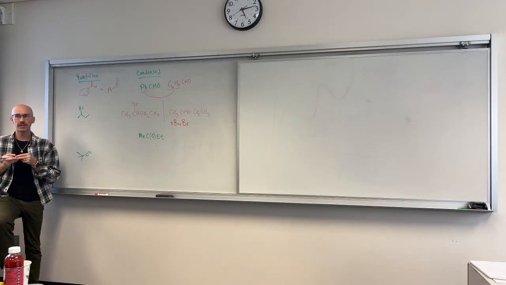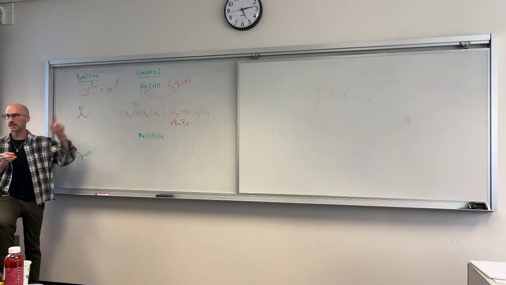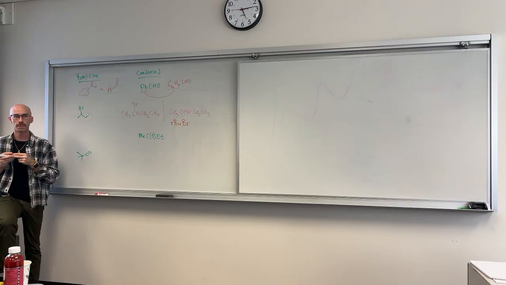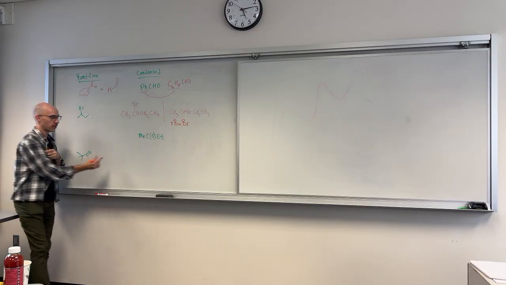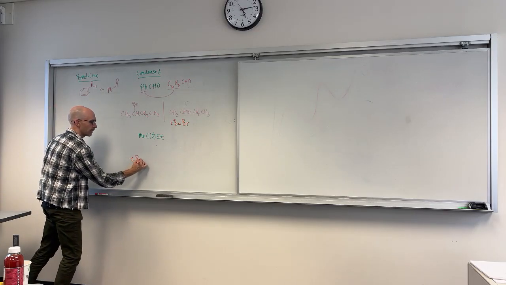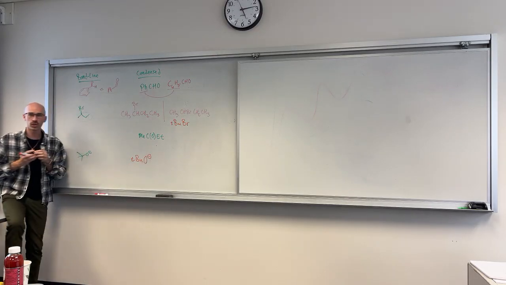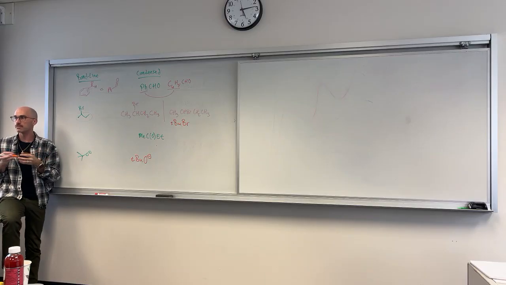Now, you probably are not used to seeing that sBu for sec-butyl, secondary carbon attachment, because you're more commonly seeing tert-butyl, tBu. It works all the same, although less common.